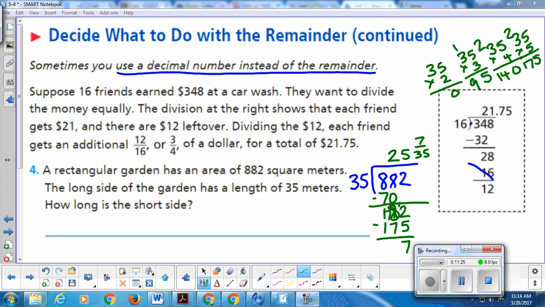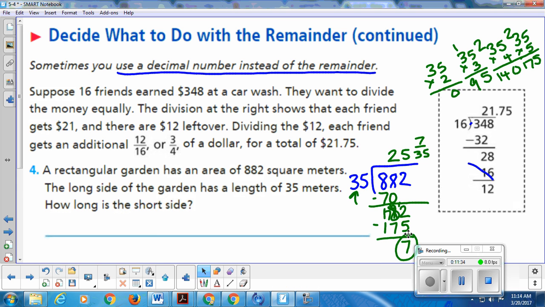So I have 7/35 remaining. So here's my remainder. I'm going to put it over my divisor. So really, what is that? 1/5. So it's 25 and 1/5 meter is your short side.